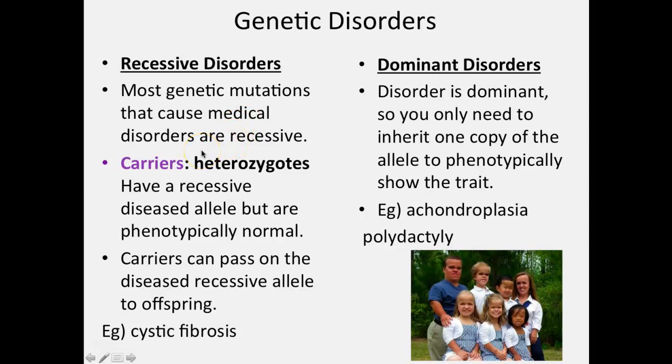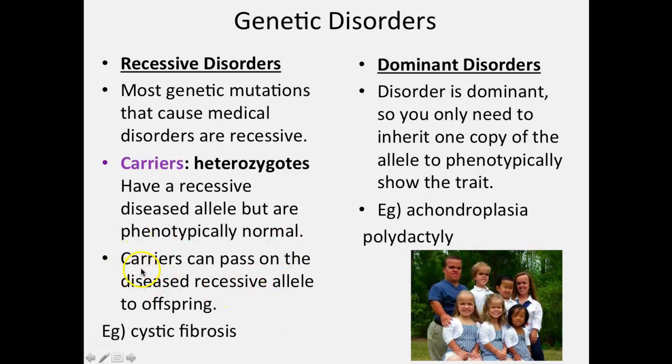So if you are a person who is a carrier for a recessive trait, you have to be a heterozygote. So you yourself are phenotypically normal, right? You have a recessive diseased allele, but you are phenotypically normal. So you have no idea by looking at someone that they have a hidden recessive trait, because what they show phenotypically is the dominant allele, even though their other allele might be the diseased allele.